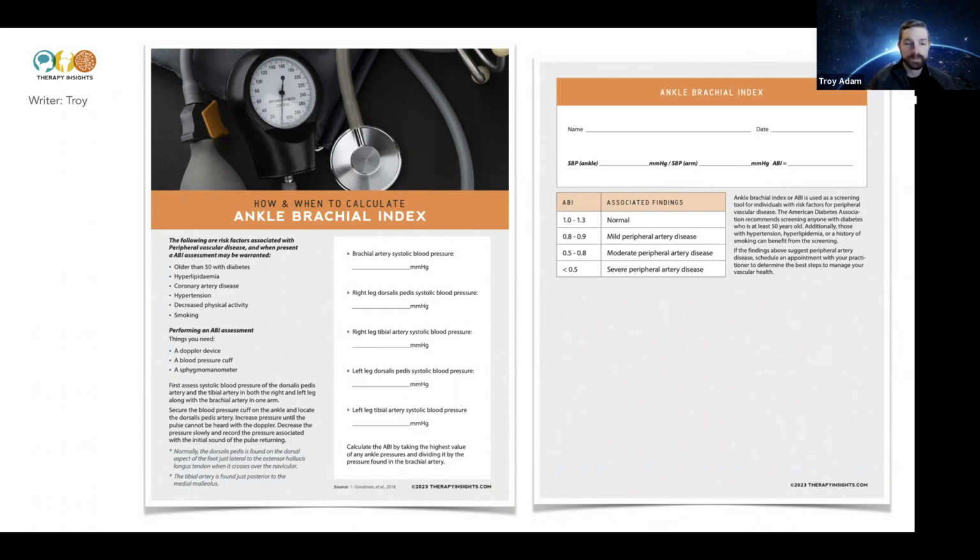The first page talks about who's at risk for issues with ankle brachial index. It lists some different comorbidities and risk factors associated with that. How you actually perform the measure is not overly complicated. The one limiter that I feel like a lot of folks have is maybe access to a Doppler, which is an auditory way to measure pulse.